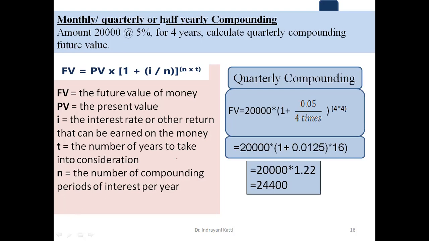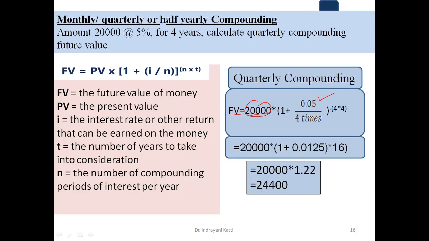Okay, so let's come to the calculation here. Quarterly compounding, written in values: future value is equal to the present value given in the problem, rupees 20,000, multiplied by 1 plus 0.05, that is the rate of interest, 0.05 divided by how many times it is compounded? 4 times.